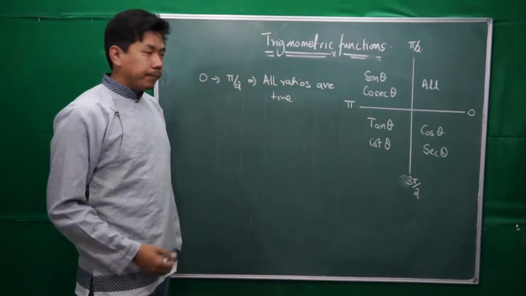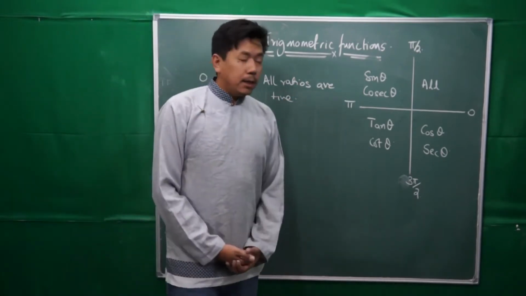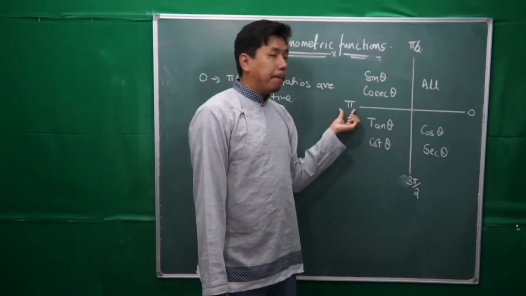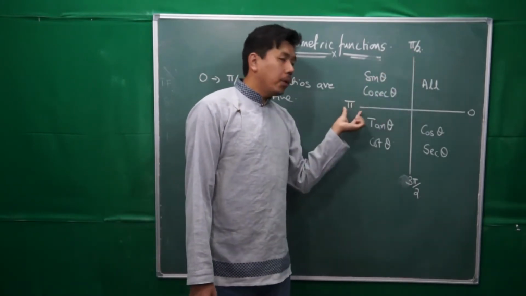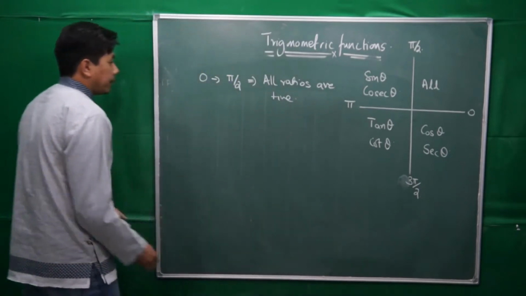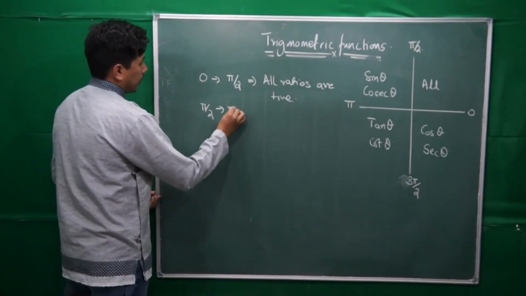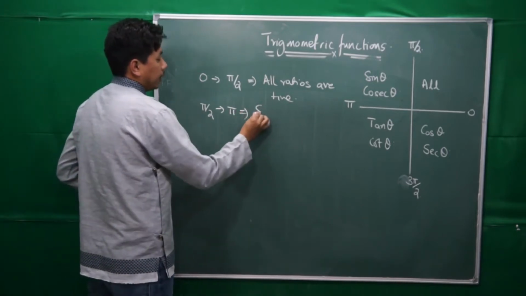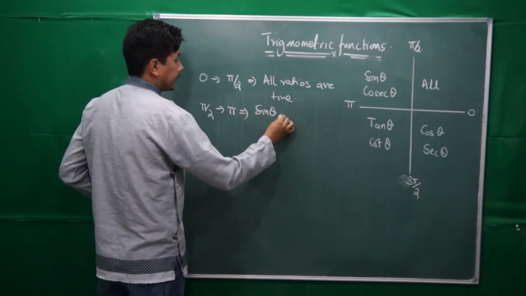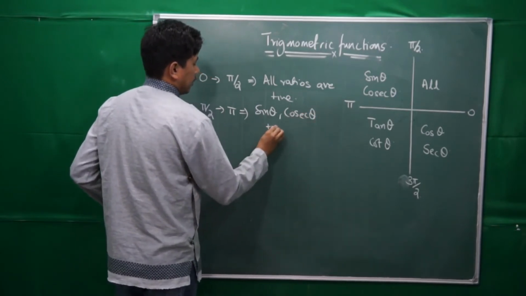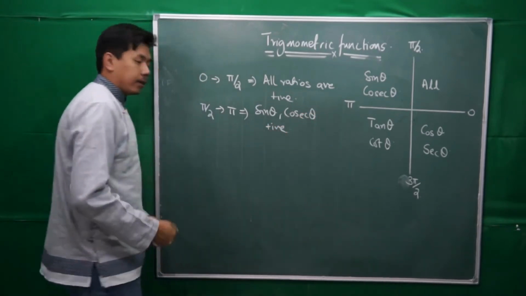All ratios are positive. Now for the second quadrant, the angle is between pi by 2 and pi, from 90 degrees to 180 degrees. So what is happening between 90 degrees and 180 degrees? Sine theta and cosec theta are positive.